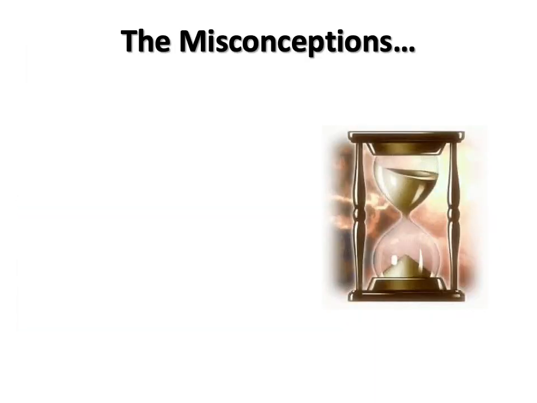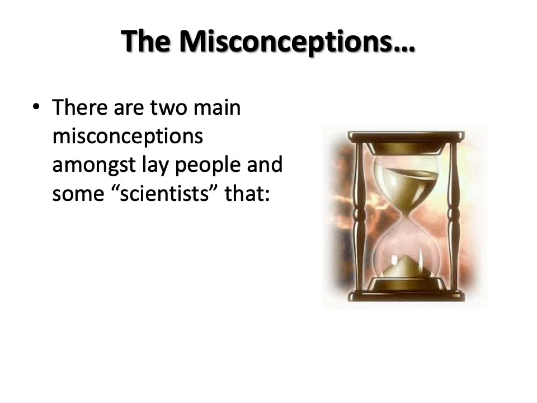So having said that, I just want to address two main misconceptions which lay people, and I've put in quotes, some scientists, put across with regards to medicinal plants or traditional medicines. The first misconception is that all natural products are safe, or that just because something is natural, it's safe, or that natural means safe.